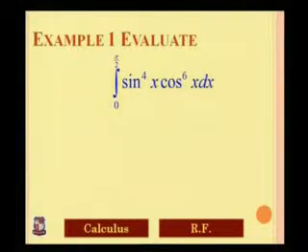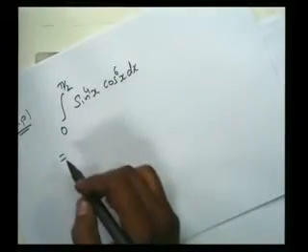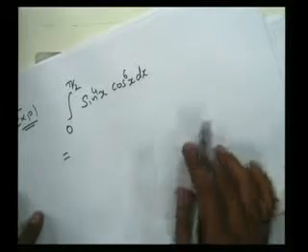First example: integration from 0 to pi by 2 of sin raised to 4 x cos raised to 6 x dx.